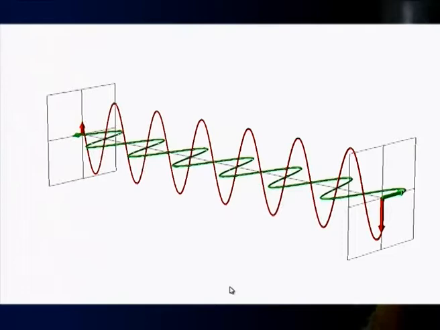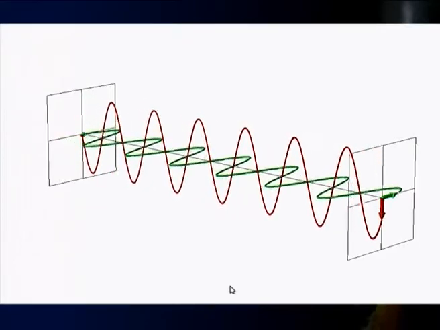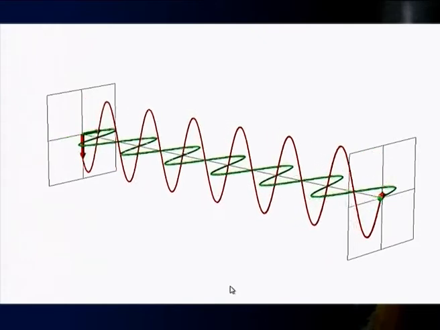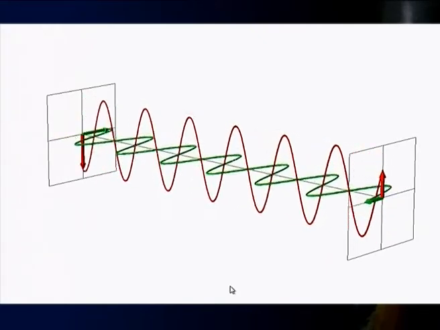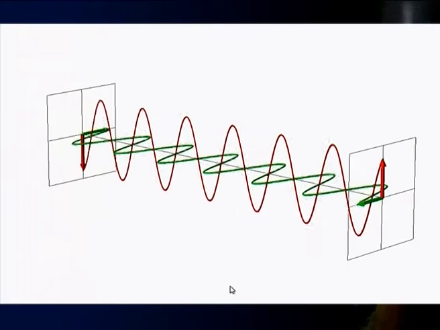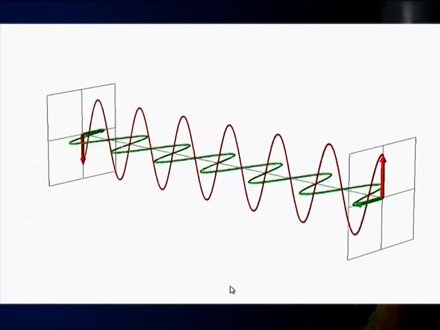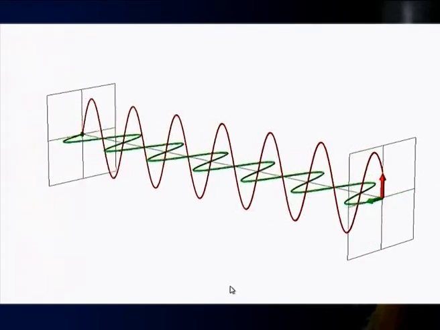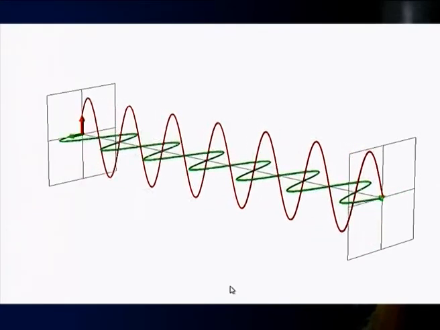Okay. Let us have a look at a small animation here. This is the way you can visualize it. A wave is coming towards you, wherein the red wave depicts the electrical component, and the green one depicts the magnetic part of it.